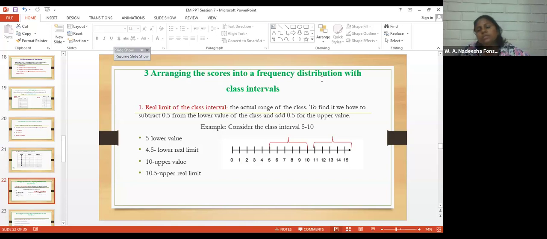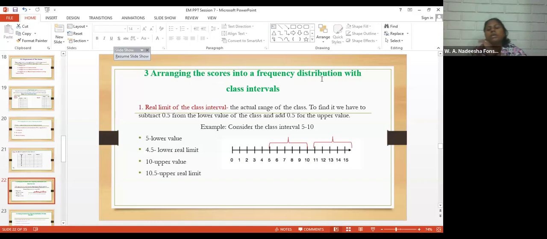The first one is, we have to find the real limit or actual limit of the class interval. To find the actual limit, we have to subtract 0.5 from the lower value and add 0.5 to the upper value.